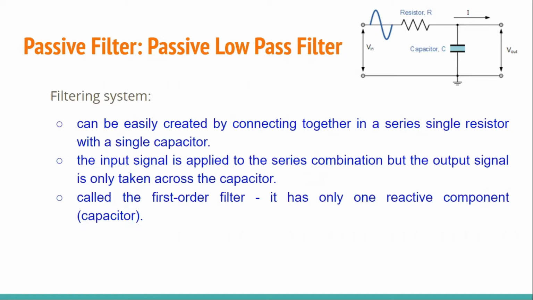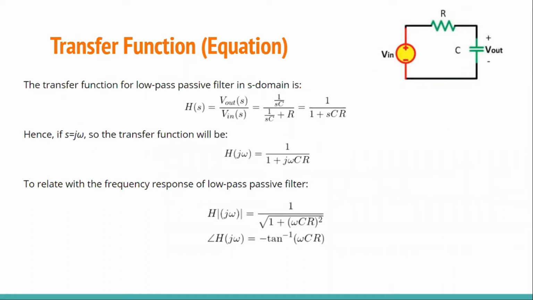It is also called the first-order filter, as it has only one reactive component, the capacitor. The transfer function equation in the S domain is 1 over 1 plus SCR. If S equals j omega, the transfer function will be 1 over 1 plus j omega CR. And to relate to frequency response, it will be 1 over the square root of 1 plus (omega CR) squared.